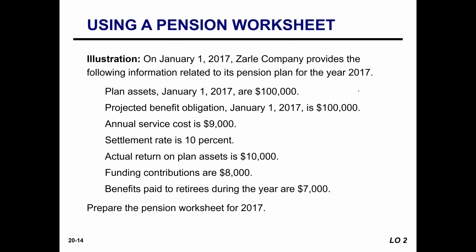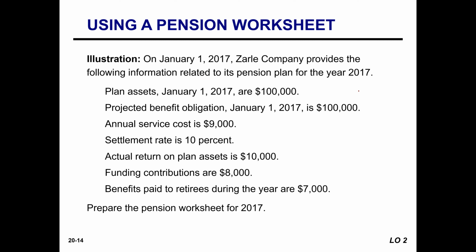So on January 1, 2017, Zarley Company provides the following information related to its pension plan for the year 2017. Plan assets as of January 1, 2017 are 100,000. Projected benefit obligation is 100,000. Annual service cost is 9,000.